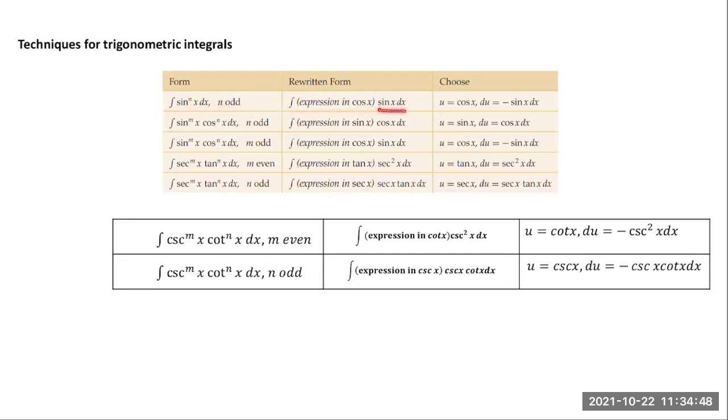You need to write sine x dx at last, and the remaining thing you need to write in terms of cosine x. In that case, your substitution is going to be u is equal to cosine x, and clearly du is going to be minus sine x dx.